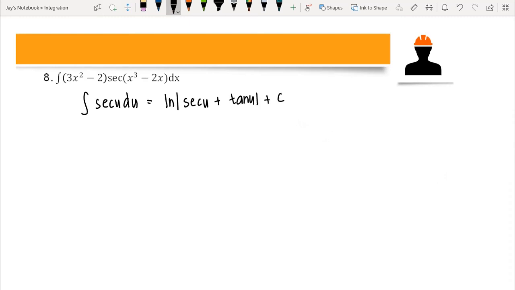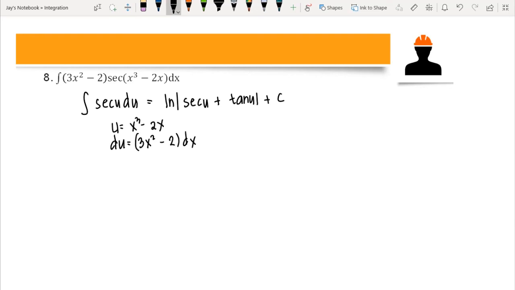Now in this case, our u is x cubed minus 2x. So therefore, our du is what? That is 3x squared minus 2 dx.